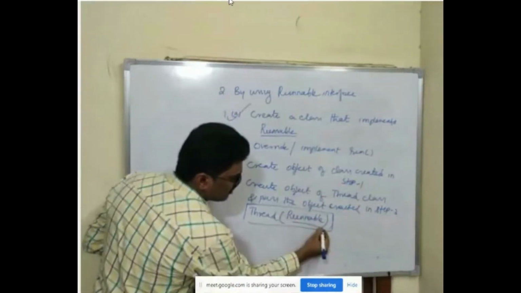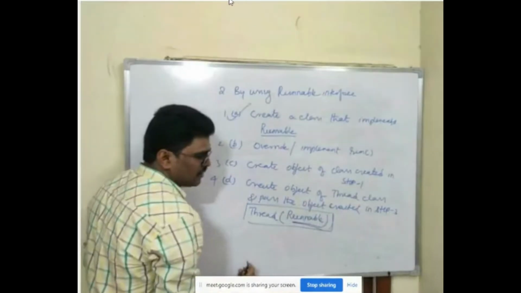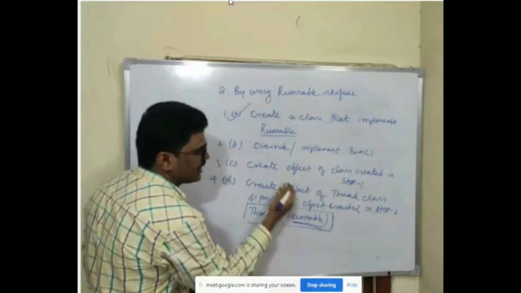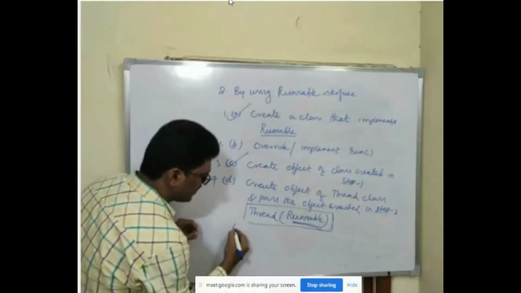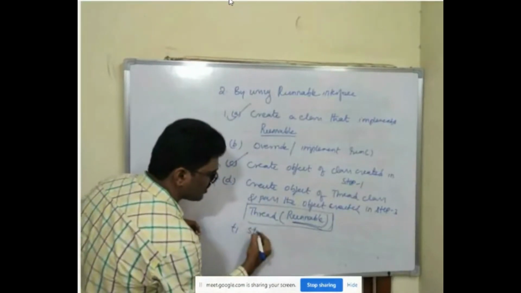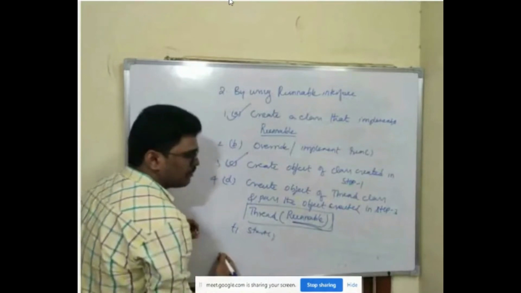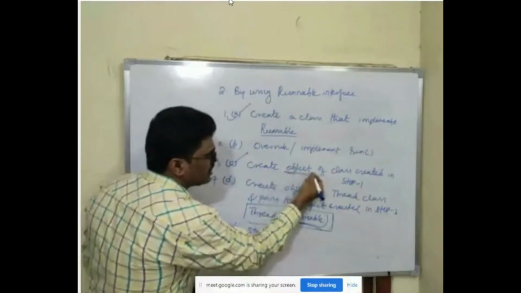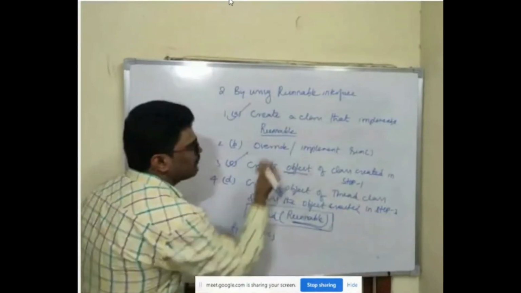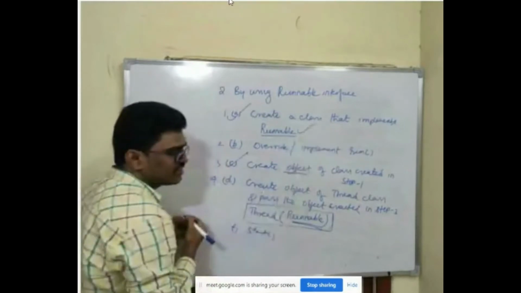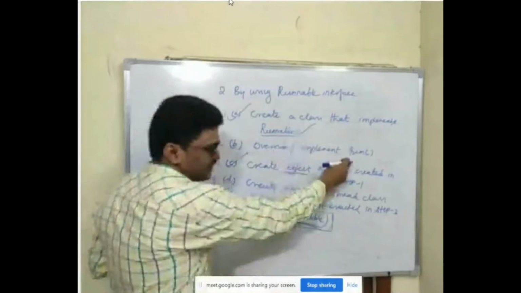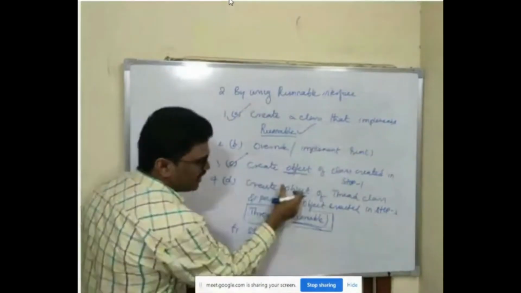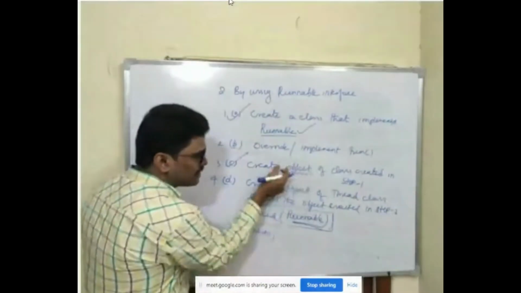We need this because I cannot call the start method directly by using this object. Previously, we were able to do t1.start. But here you cannot do that by using the object of this particular class, because your Runnable interface does not contain the start method. It contains only the run method. So we create the Thread class object, pass this as a parameter to the Thread class, then call the start method.